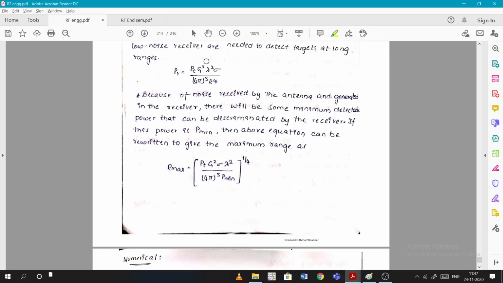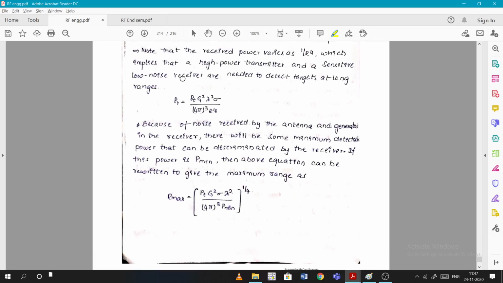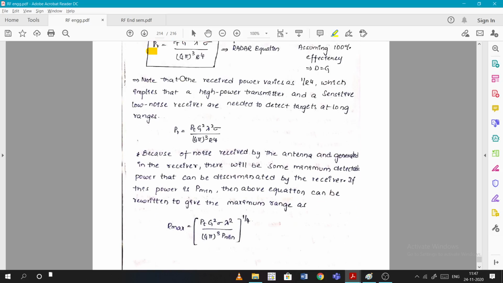Received power equation is PT G square lambda square sigma by 4 pi whole cube R power 4. Now we rearrange it and find it in terms of range. Here you see Rmax, and instead of PR we write Pmin, that means minimum power.